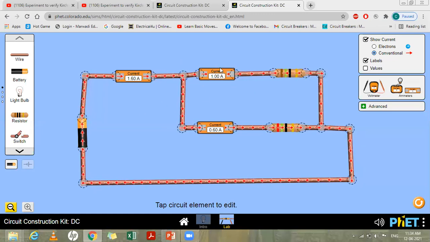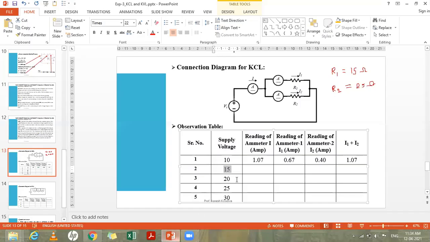Yes, it is 1 ampere and 0.6, and here you can see it is 1.60.